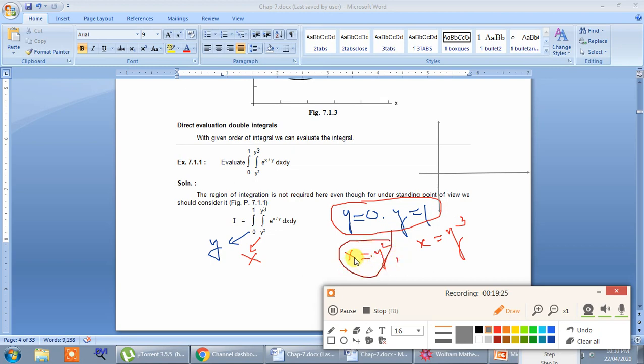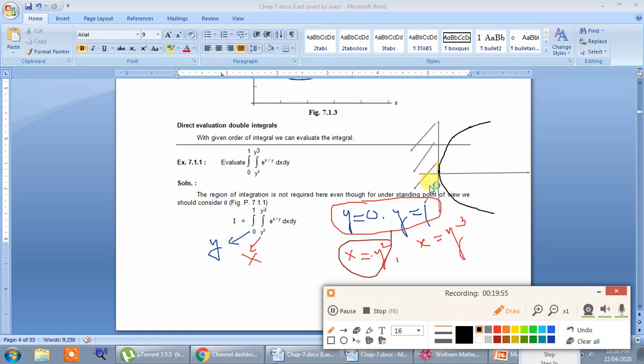You will find that for negative values of x, y square is negative, therefore this is your region of absence. This curve passes only through the origin, and the tangent at the origin is the y-axis, and therefore you will have a tangential region like this, and due to symmetry again tangential, and that is a rightward open parabola.